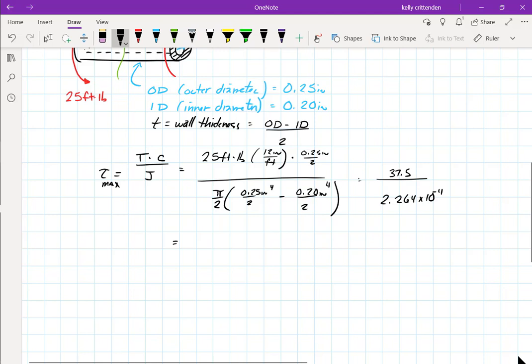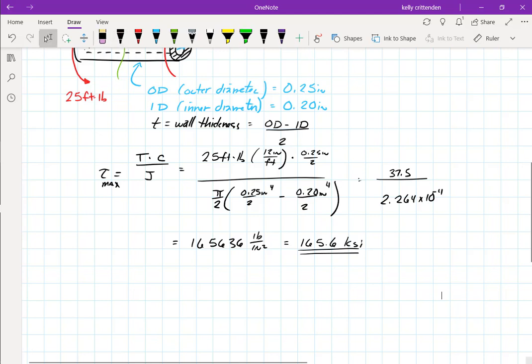All right, there we go. 165,636 pounds per square inch. So 165.6 thousand pounds per square inch. So that's KSI. That number is really too big for most materials.